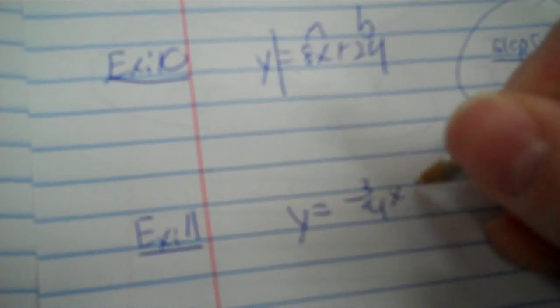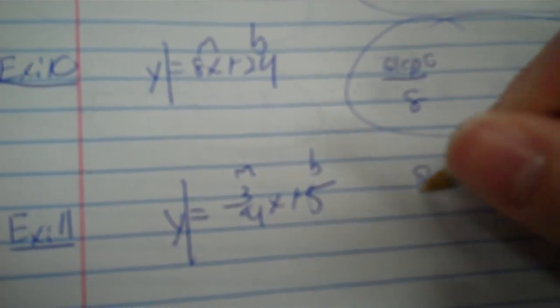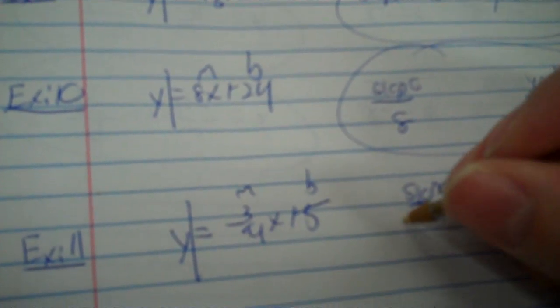Those are your answers. Okay, example 11. Y equals negative 3/4 x plus 5, m b. Okay, your slope is negative 3/4 and your y-intercept's 5.